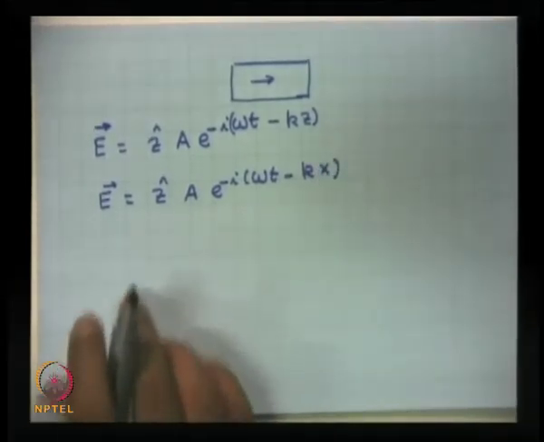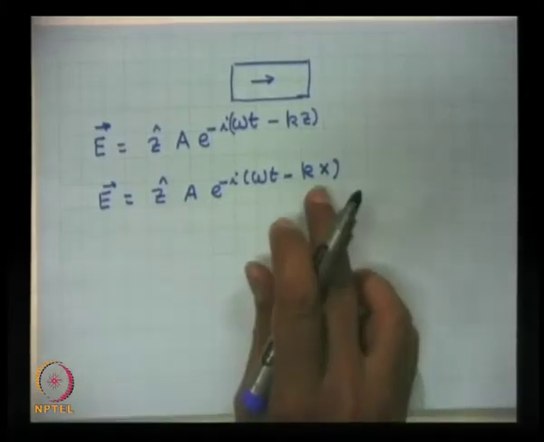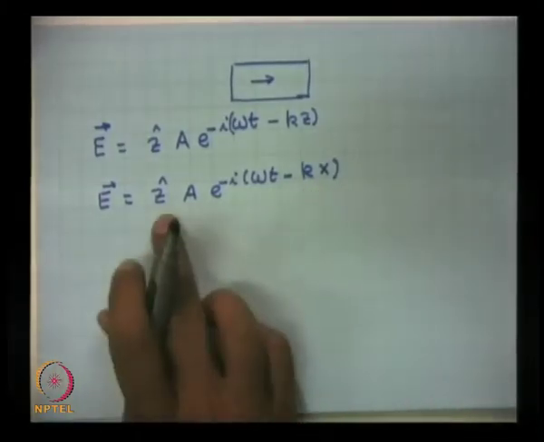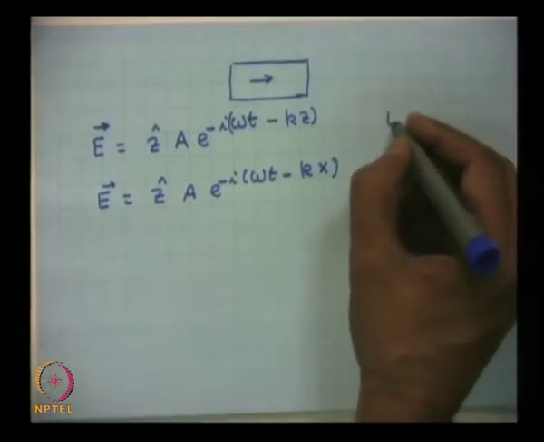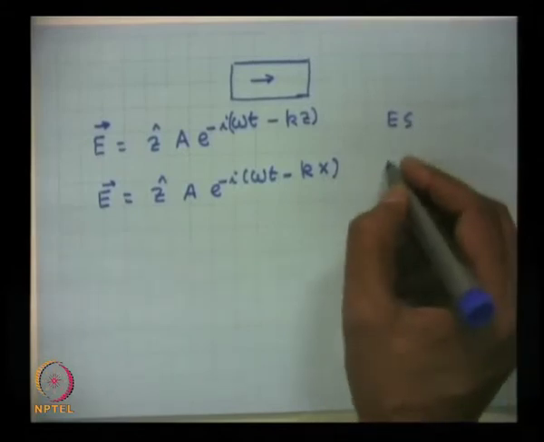So, this is a transverse electromagnetic wave. The wave is traveling in X direction, but the field is polarized in the Z direction. So, this is the electrostatic wave, and this is the EM wave, electromagnetic wave.